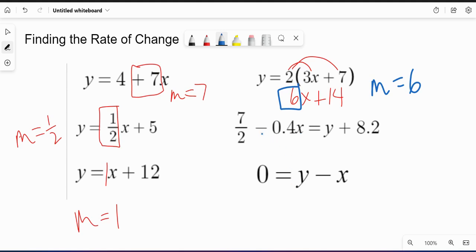And then the next one, what's next to x is negative 0.4. So my slope here, my rate of change, is negative 0.4.